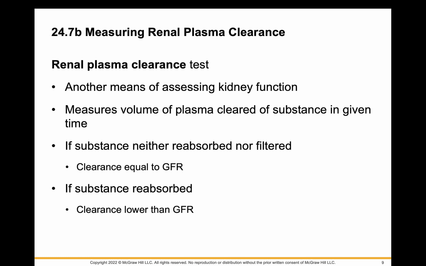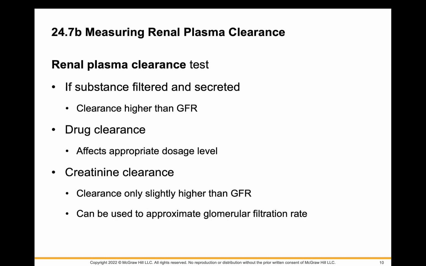If substance is reabsorbed, clearance is lower than glomerular filtration rate. Once again, this sounds confusing, but let's put this concept in application. And so when we look at this, if the substance is filtered and secreted, the clearance is higher than glomerular filtration rate. But let's look at where this is applicable, especially when we look at drug clearance.